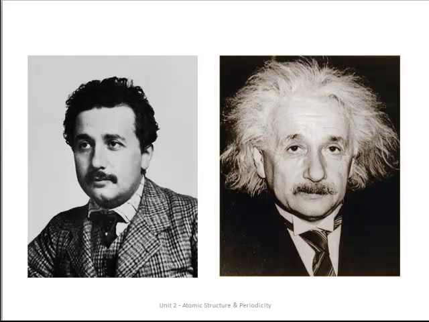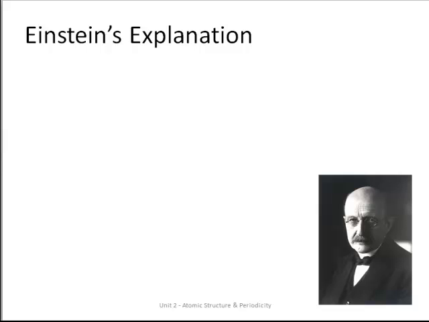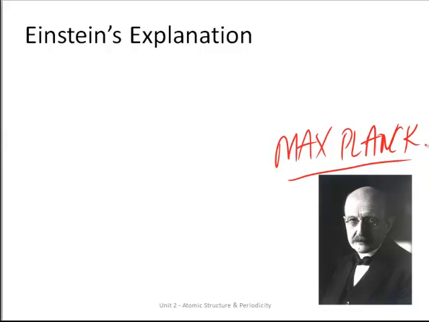What Einstein did was build on the hypothesis of Max Planck, another German physicist, who previously hypothesized that energy itself was quantized or came in discrete steps. Einstein further proposed that not only energy, but light is also quantized.